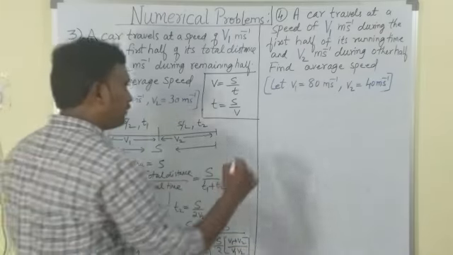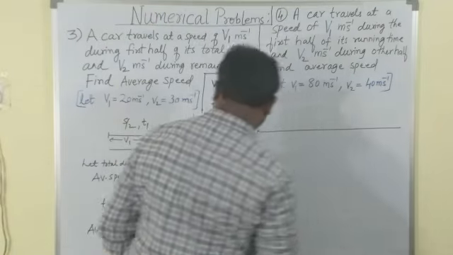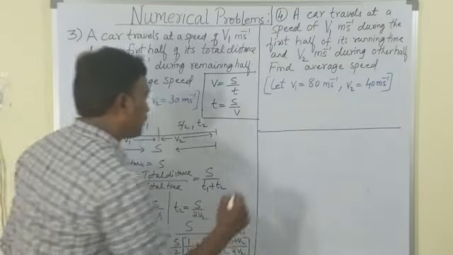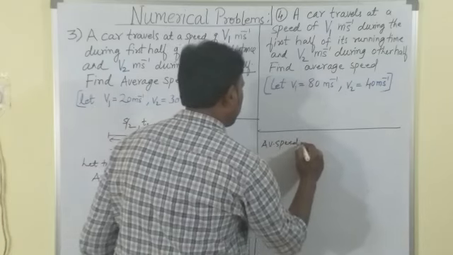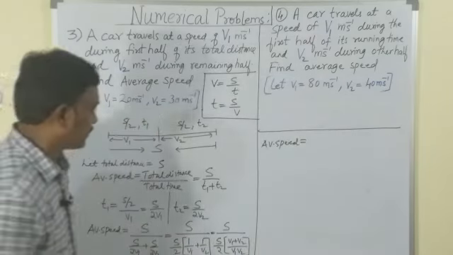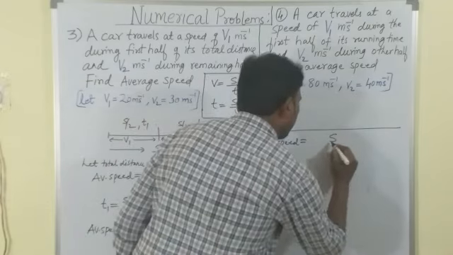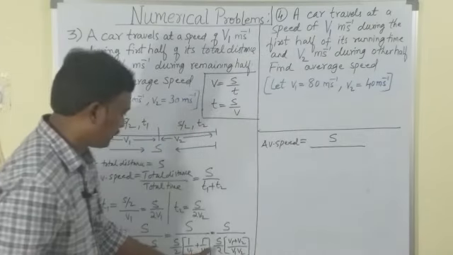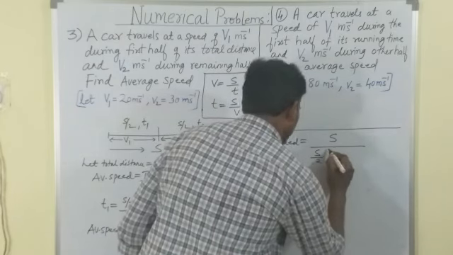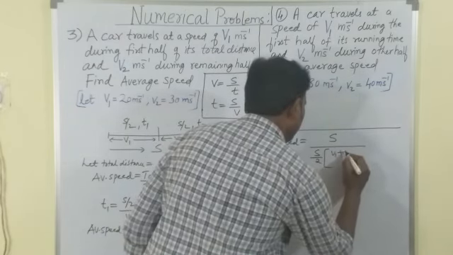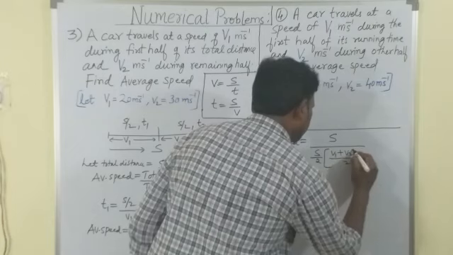So let me write here, average speed is S by 2 into (V1 plus V2) by V1 V2.